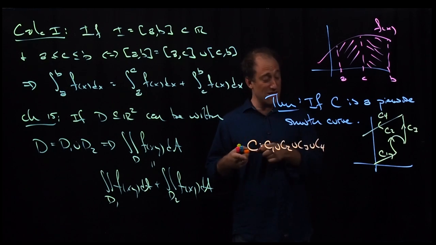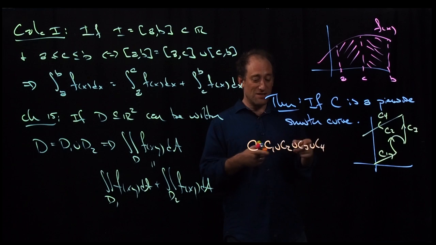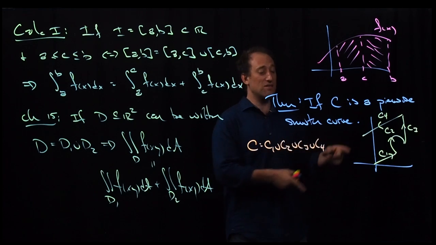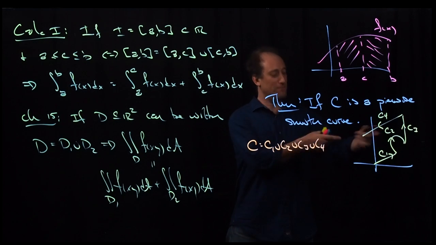This just means C is the curve C1 followed by C2 followed by C3 followed by C4. It's smooth in pieces, therefore piecewise smooth.